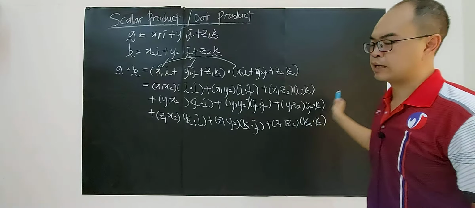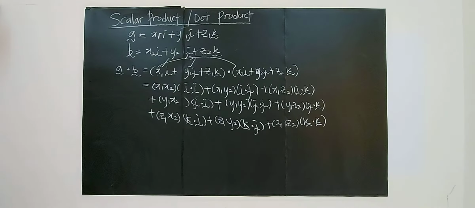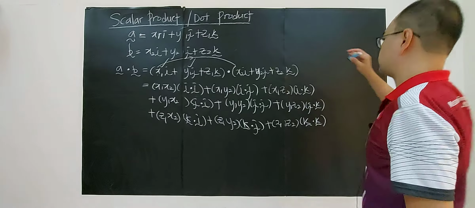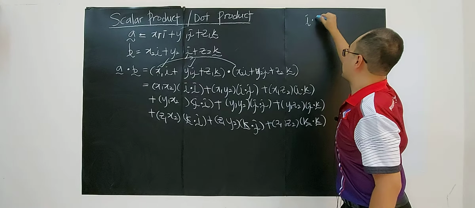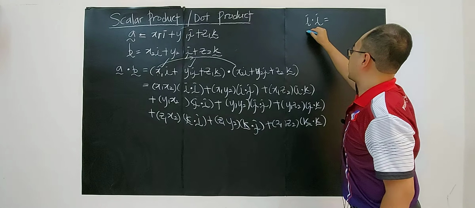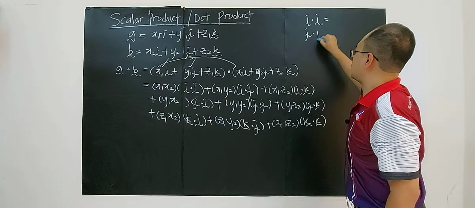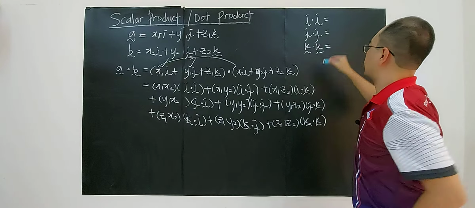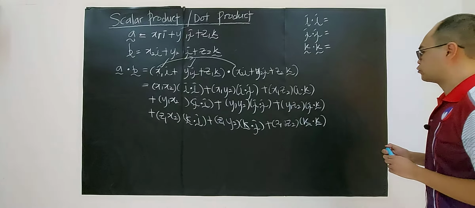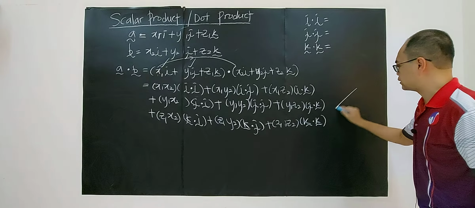Then I have done all the expansion using the dot product. But we have to understand something before going further. You have to know what the results of i dot i, j dot j, and k dot k are. All the important results here have to be referred to the axes.